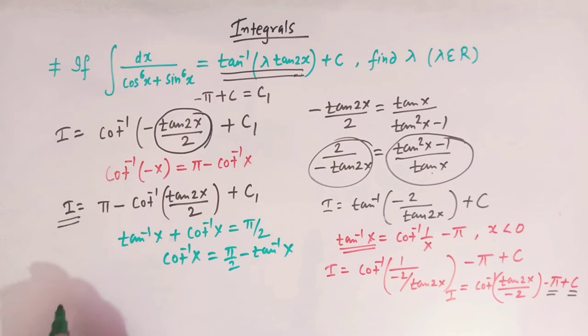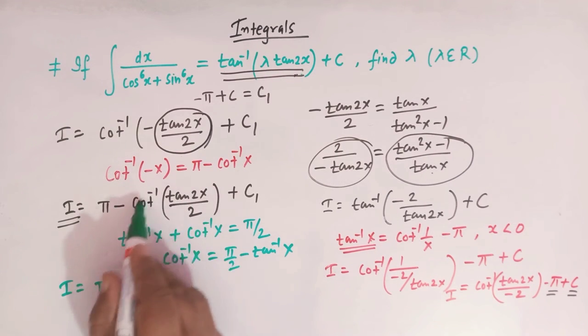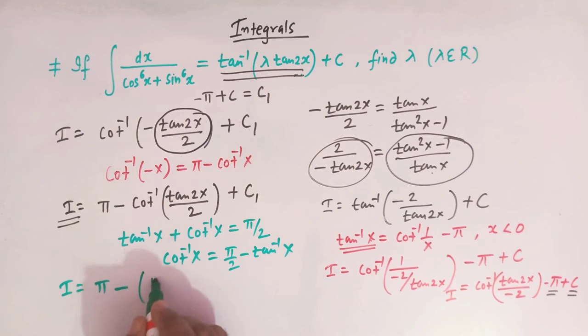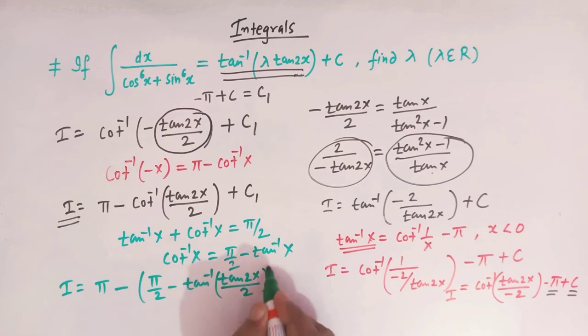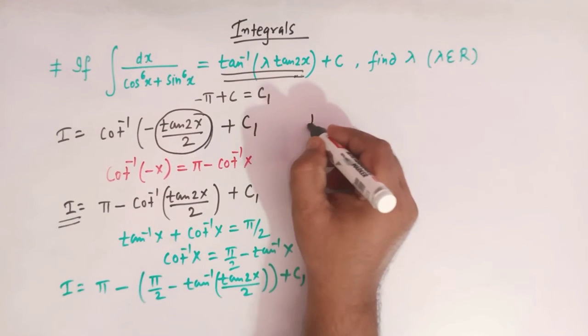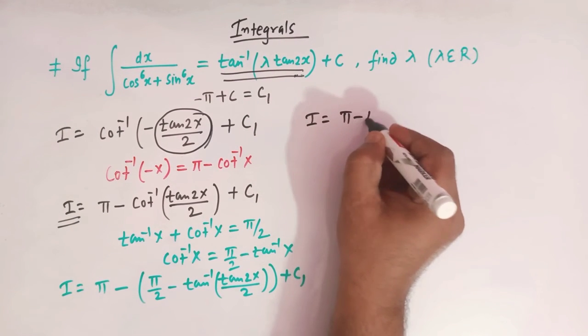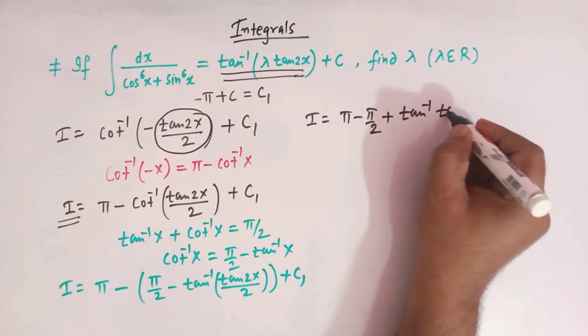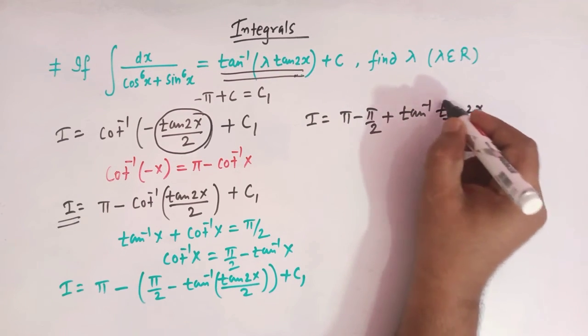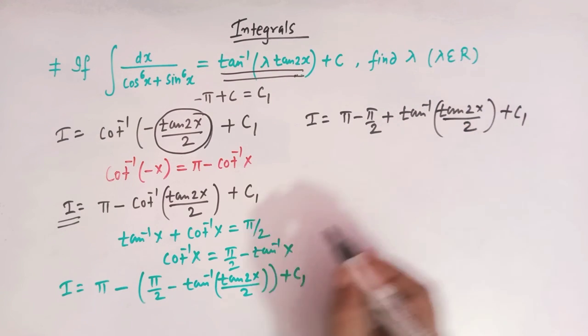So I can be written as pi minus, for cot inverse x we can write this expression, so we have pi by 2 minus tan inverse of tan 2x divided by 2, plus c1, right? Now we can simplify it, so we have pi minus pi by 2 plus tan inverse of tan 2x divided by 2 plus c1, right?